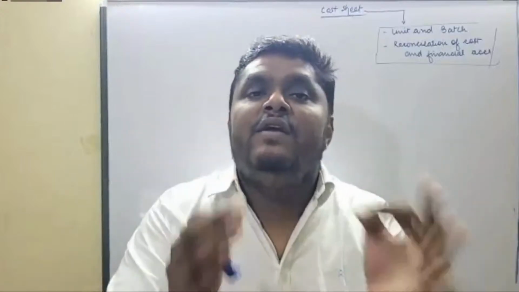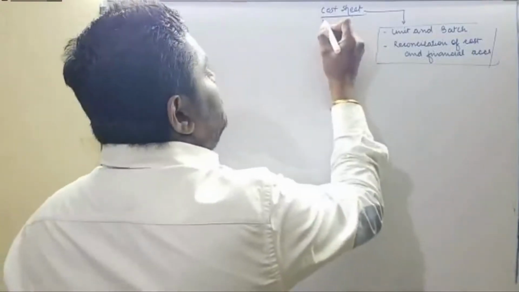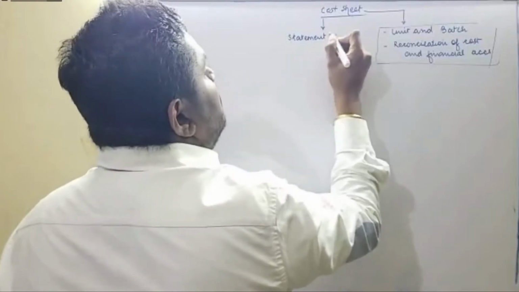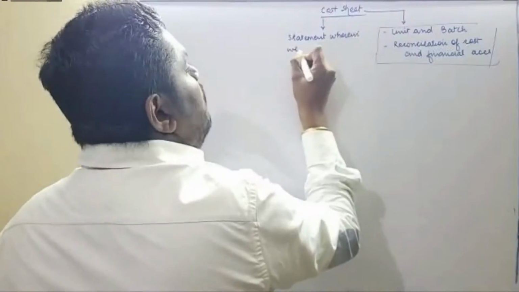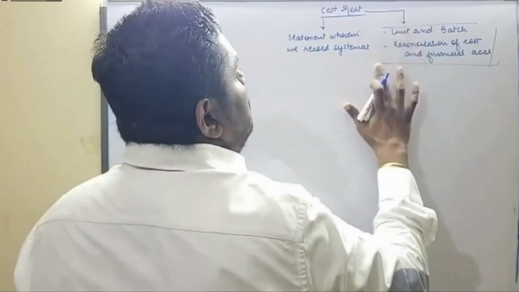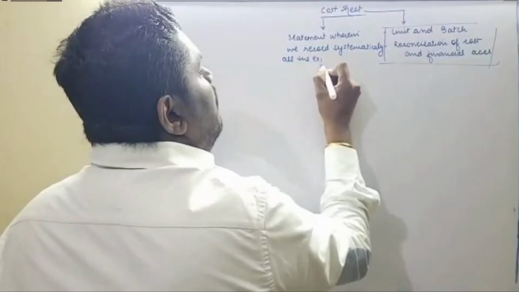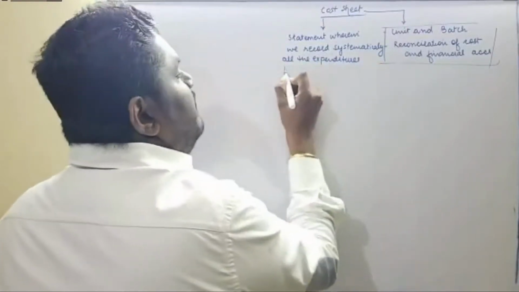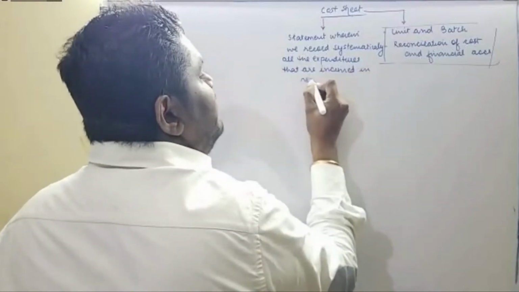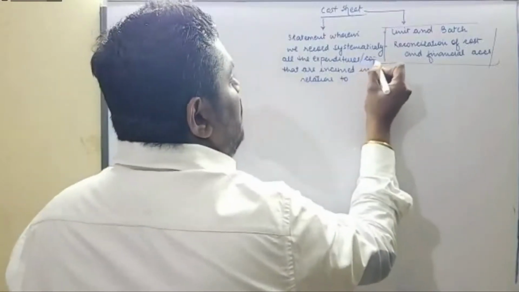I repeat again, what is cost sheet? It is a statement wherein we systematically record all the expenditure that are incurred in relation to manufacture of a product.